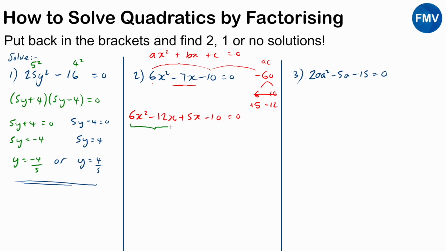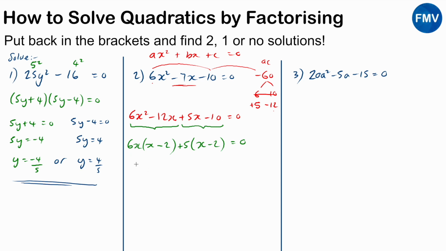So I bring those ones down and then I factorise those ones. 6x times x is 6x squared, and 6x times minus 2 is minus 12x. Now the aim for this factorisation is to have the same bracket, x minus 2. So we have 5 outside the bracket. 5 times x is 5x, that's a positive because a positive times a positive makes a positive, and then plus 5 times minus 2 makes minus 10. Don't forget that equals 0.